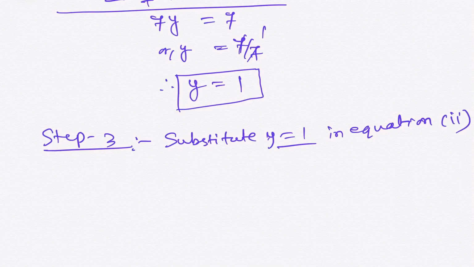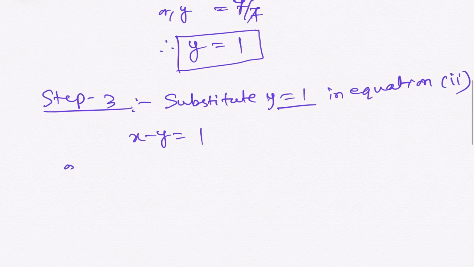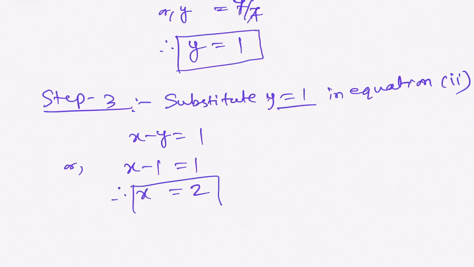Equation 2 is x minus y equals 1. We substitute the value of y, so x minus 1 equals 1. Therefore the value of x is 2. So we get both variable values: x equals 2 and y equals 1.